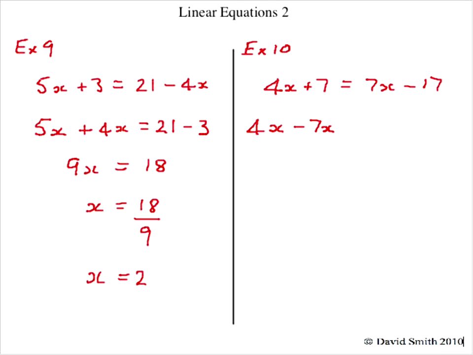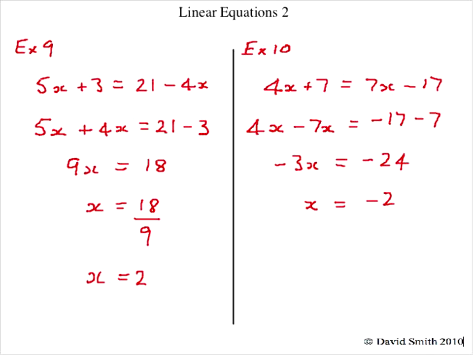The right-hand side, minus 17 is already there. Take the plus 7 across and it becomes minus 7. Now 4x minus 7x is minus 3x. And collecting together, minus 17 minus 7 is minus 24. To find x, we simply divide by the amount of x's we have.